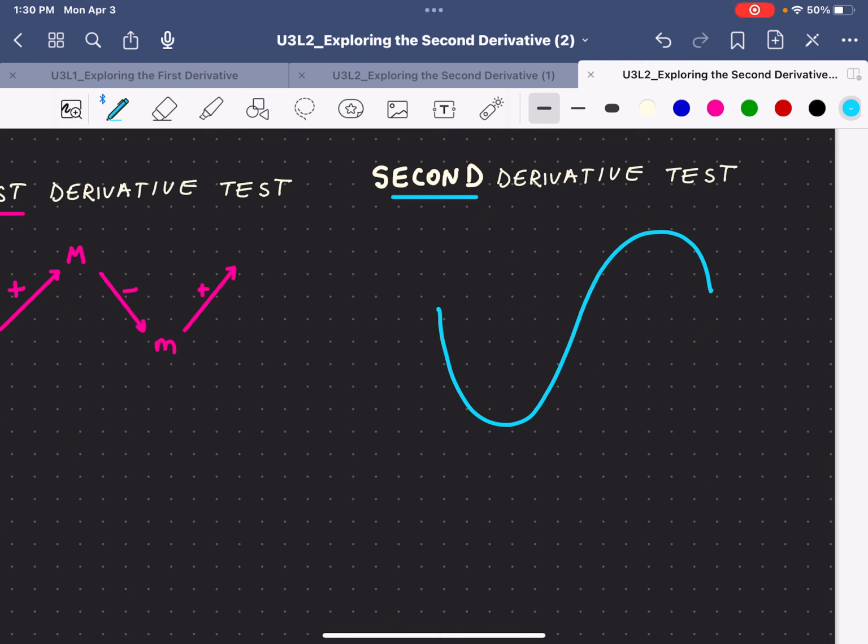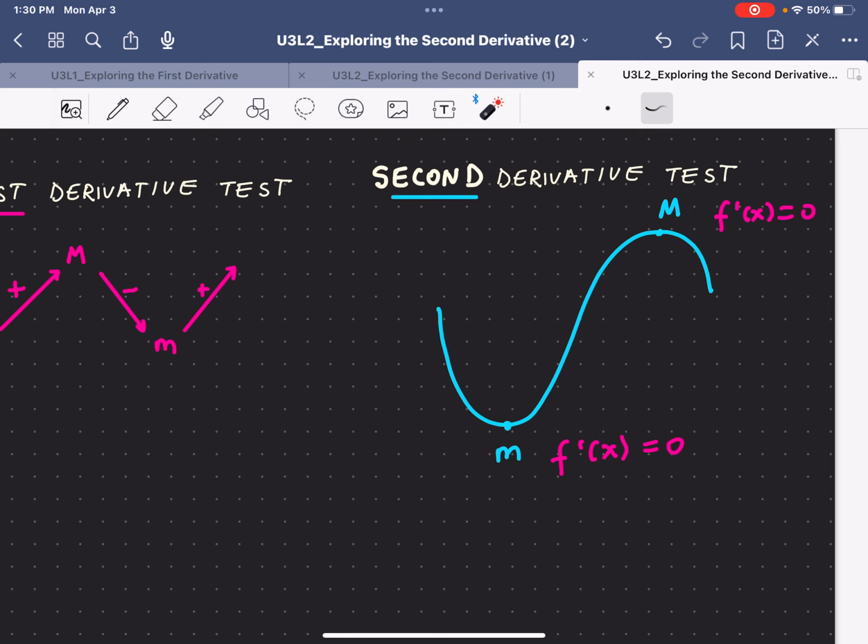So as you can see in here, at this point, this function will hit a local minimum, and here is a maximum. So at the minimum and maximum points on the graph of a function, I want you to think about it. The first derivative will have to be equal to 0. So that's what makes them critical points.